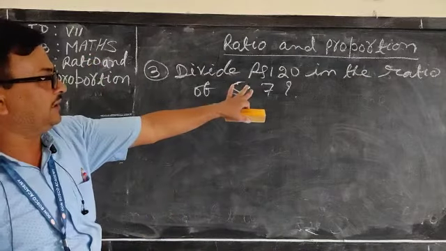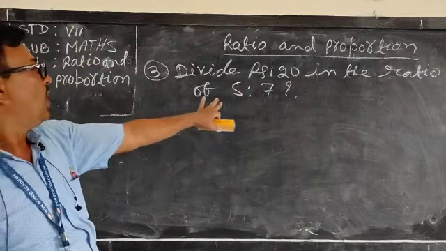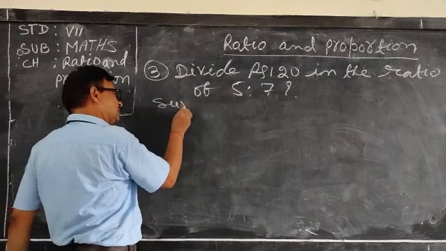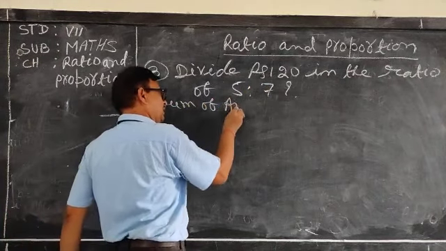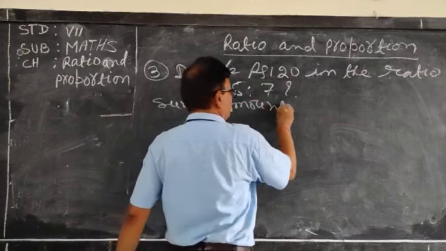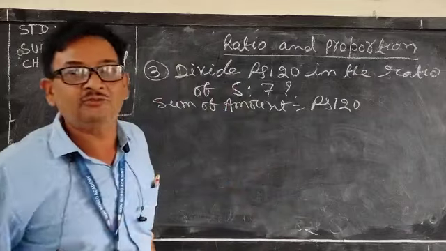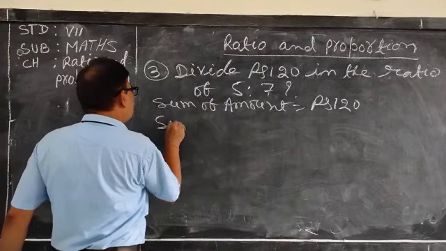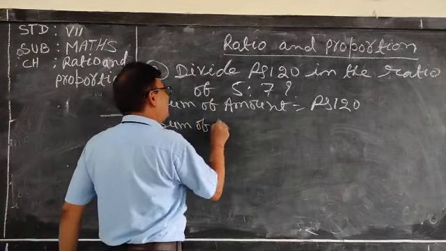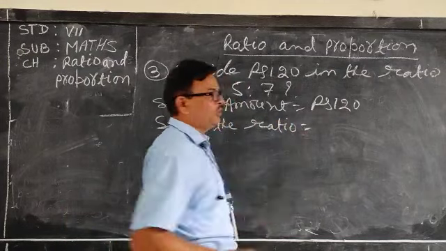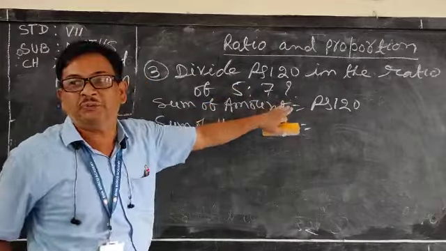Divide rupees 120 in the ratio of 5:7. So now, what will you write as the sum of the amount? It is given rupees 120. And the sum of the ratio. So the ratio is given as 5:7.